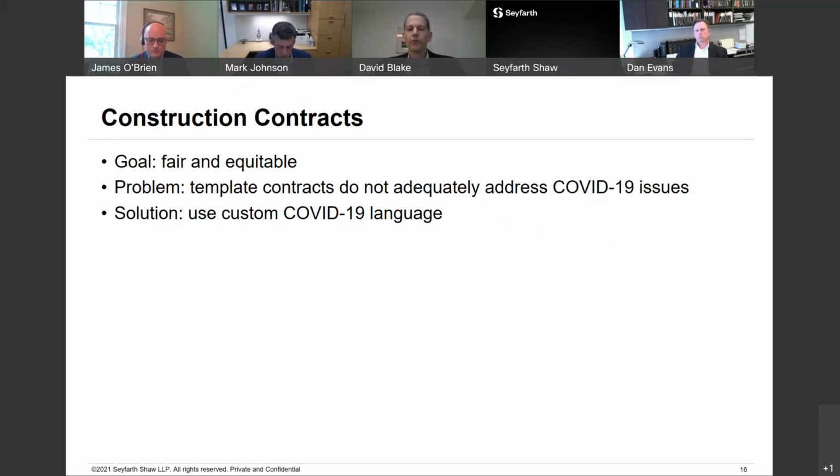And the same holds true with respect to risks and responsibilities concerning COVID-19.